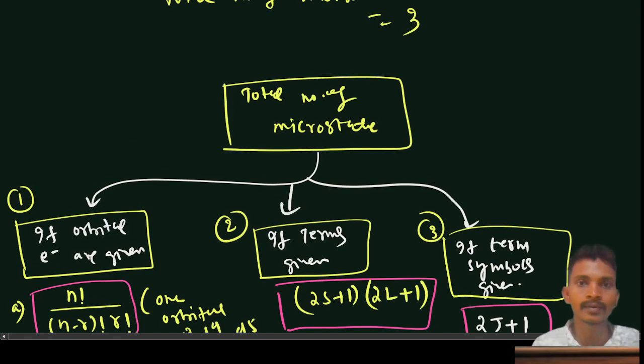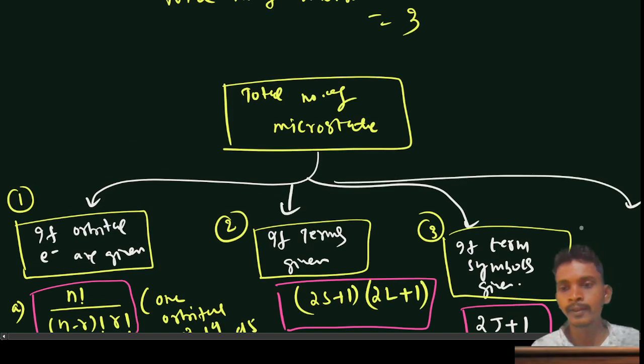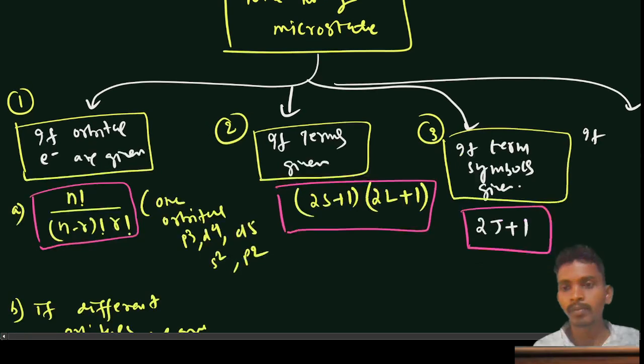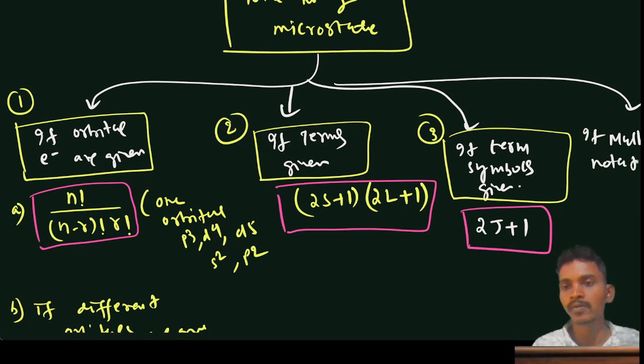Now the last case, that is the fourth case, if Mulliken notations are given, then use this formula, that is 2S plus 1 into degeneracy.